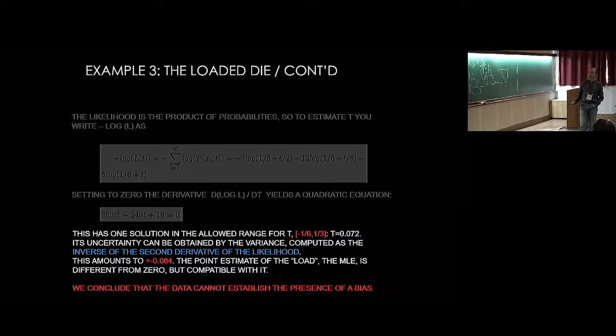Sorry, this is the square root of the variance. So we have 0.072 plus or minus 0.084. So we have a load which has an uncertainty, and if we look at the value, it's compatible with 0. So we cannot establish the presence of a bias, of a load on this die from this example.